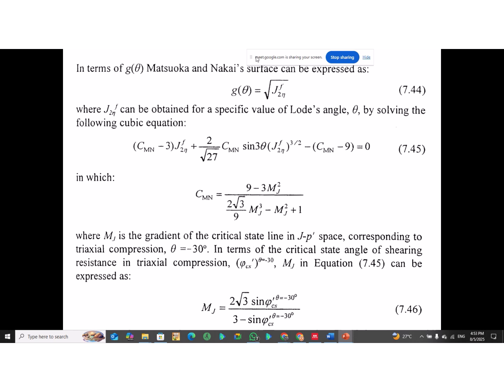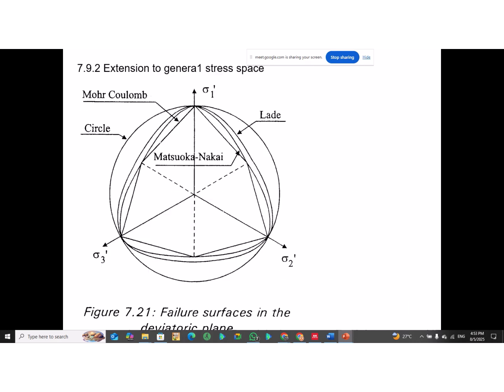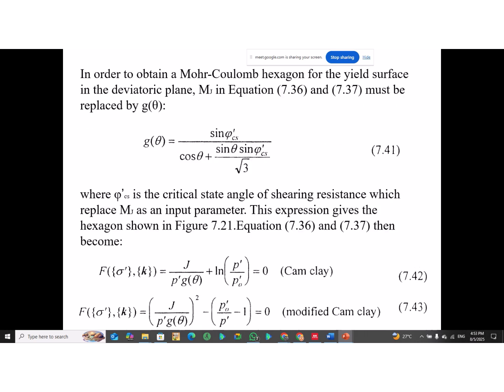In terms of Matsuoka and Nakai, the surface can be expressed. Just as I told you, all this is riding on the theory which we've laid down. This is just explaining what has been done.